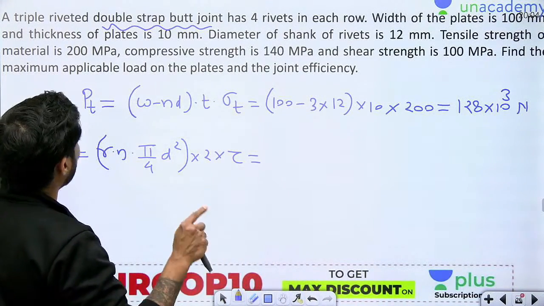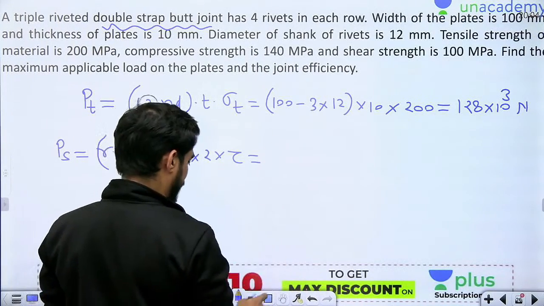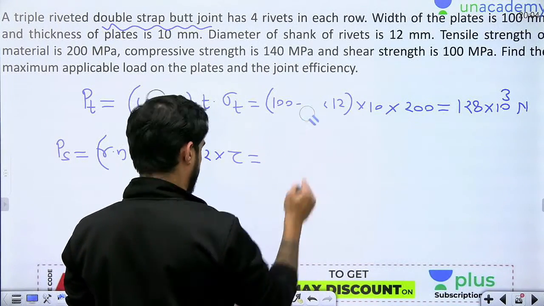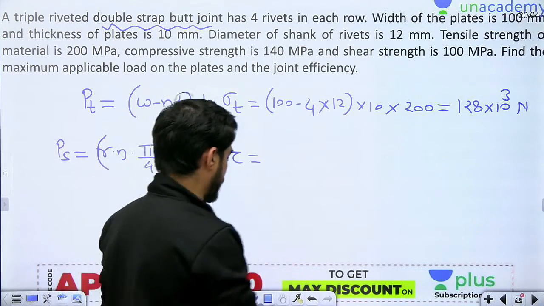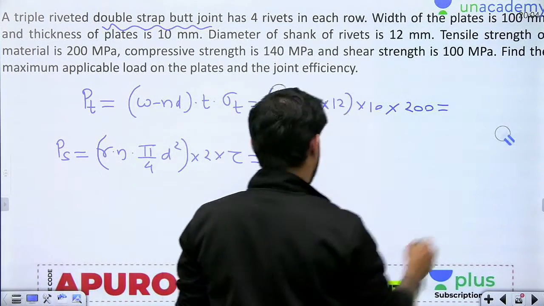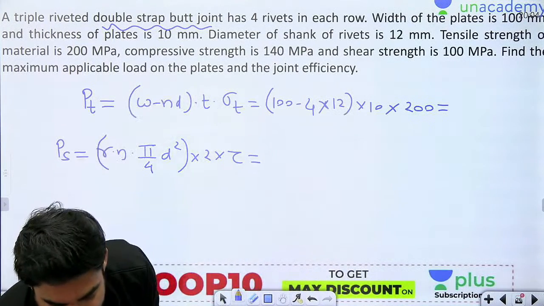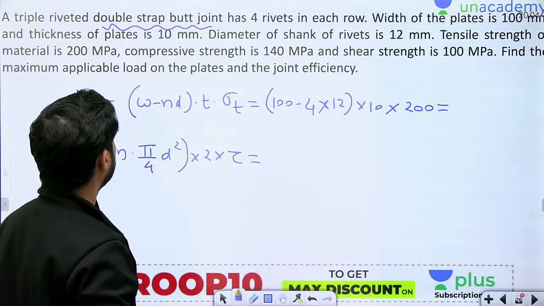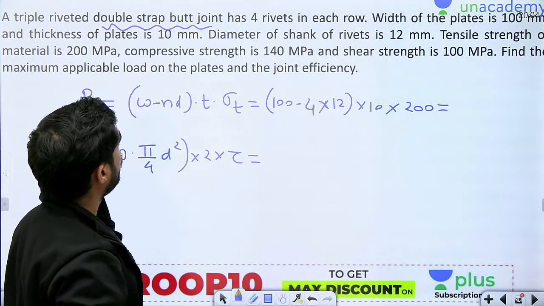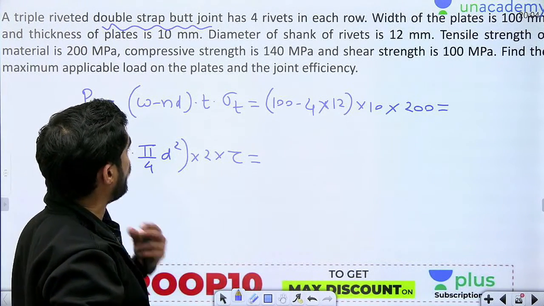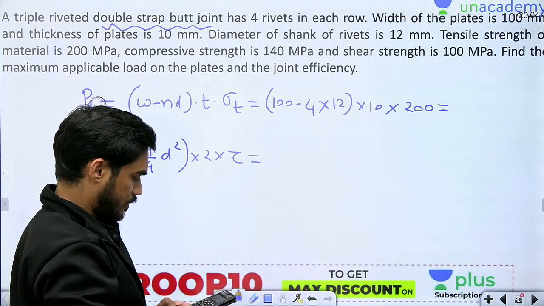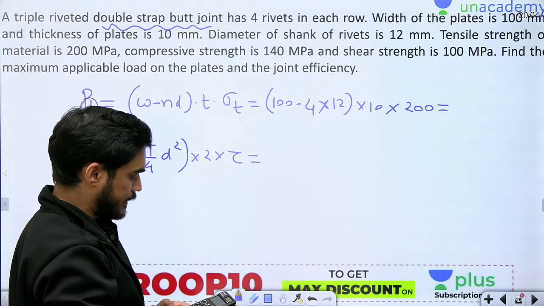Number of rows is 3, number of rivets in each row is 4. This must be 4. I have made the mistake. Number of rows are 3, but number of rivets in each row are 4. If you have made the same mistake, please correct yourself.